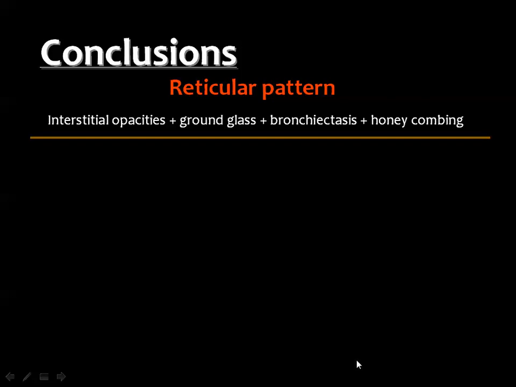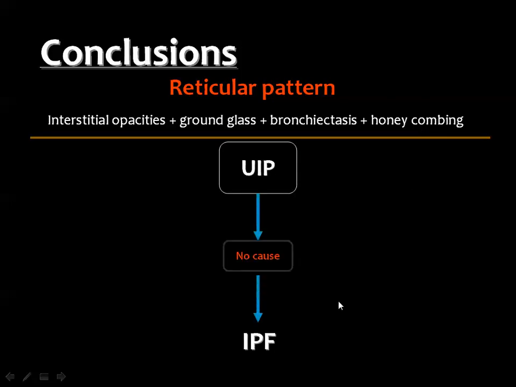To conclude, we have 5 patterns of diffuse lung disease. The first pattern is the reticular pattern, and by this pattern we mean that there are multiple interstitial reticular opacities scattered throughout the lung. If these opacities are associated with ground glass and bronchiectasis and honeycombing, then the diagnosis will be usual interstitial pneumonia.